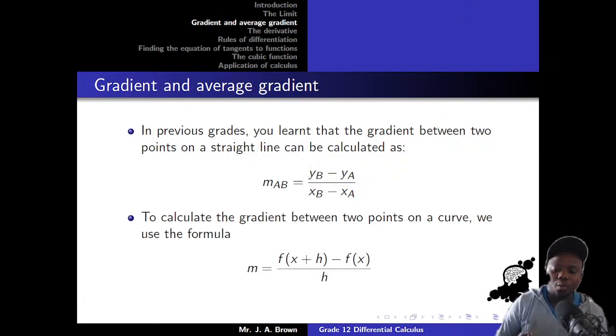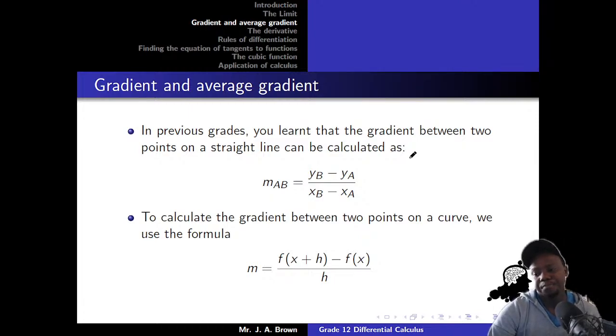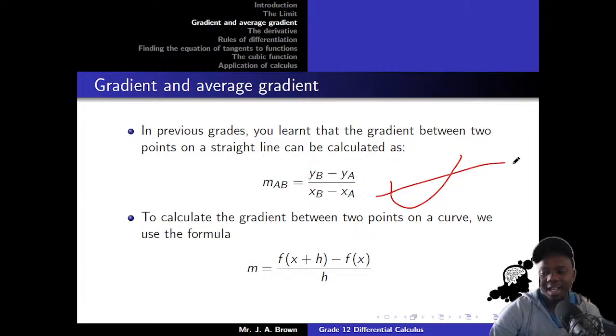Now, you were also taught to calculate the average gradient. And the average gradient happens when we've got a curve. Now, if I've got 2 points on a curve, let's say for argument's sake, this is A and B, I will calculate my gradient using the gradient formula.